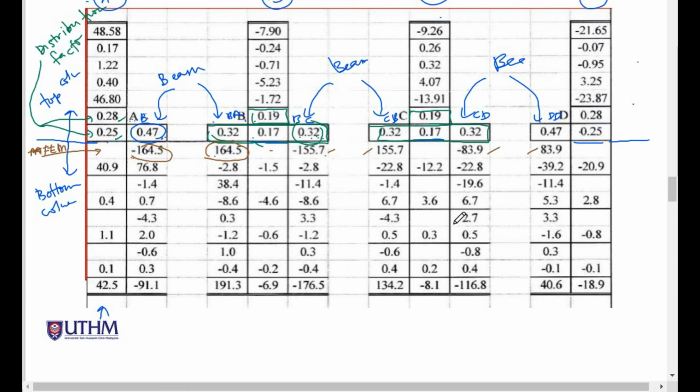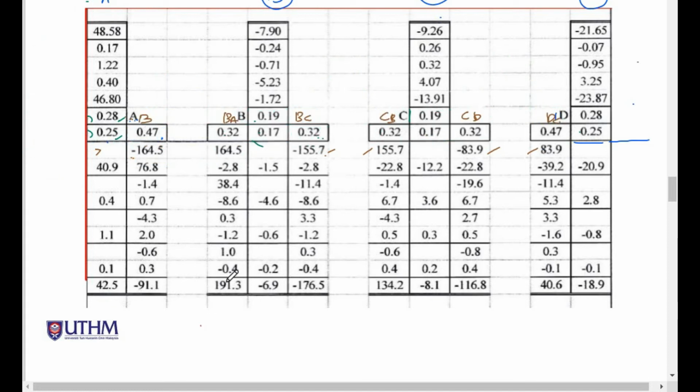So at point C here, MCD here. All values for the stiffness and distribution factor have been added here, and here is the FEM. Done, and we proceed with the moment distribution method.